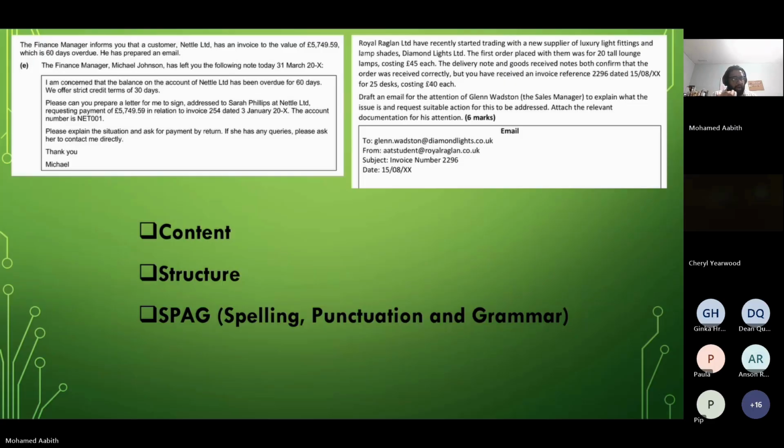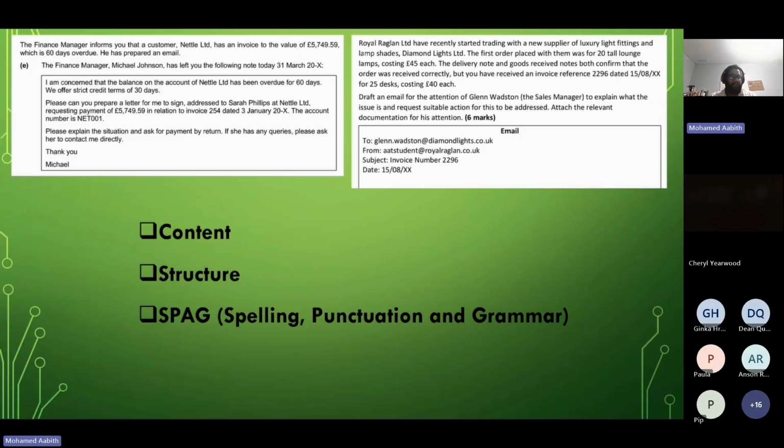We understand there is an invoice now overdue for more than 60 days. We expect prompt payment of this invoice, as we only offer strict credit terms of 30 days. Then you finish by saying, if you have any further questions, please do not hesitate to contact us.